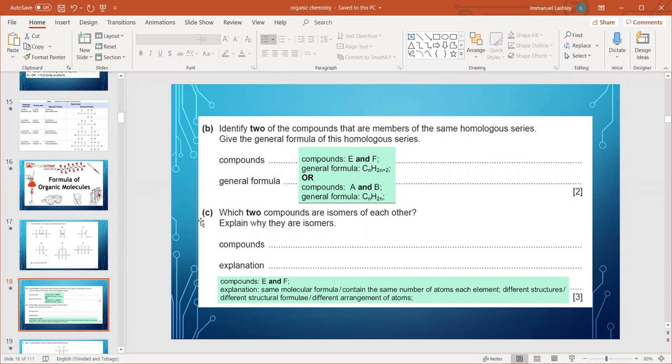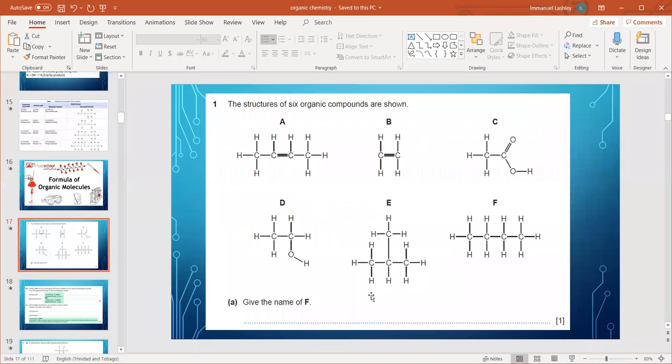It means they contain the same number of atoms of each element, but they have different structural formulas or different arrangements. So they're asking you, which two of these compounds have the same number of carbons and the same number of hydrogens, but are arranged differently? That's what they're asking you.